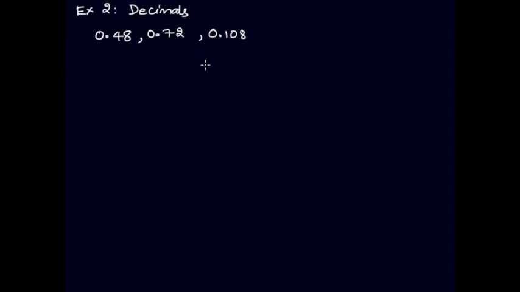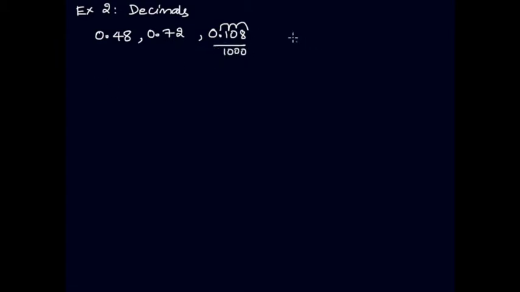I hope you guys know decimals. So suppose we have 0.108. So if I want to make this into a fraction, what I do is I move the decimals 3 places. As you can see, 1, 2, and 3 places. So once I move it 3 places, I need to divide it by 1000.